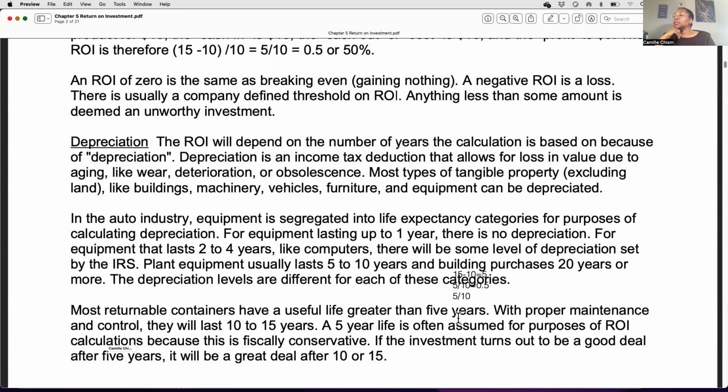And they don't get lost. So here, the 5-year number is used most of the time when you're doing the calculations for your return on investment, because that's saying worst case, if we have to get rid of these in 5 years, we lose a fleet or they get broken, it's a really rough environment.